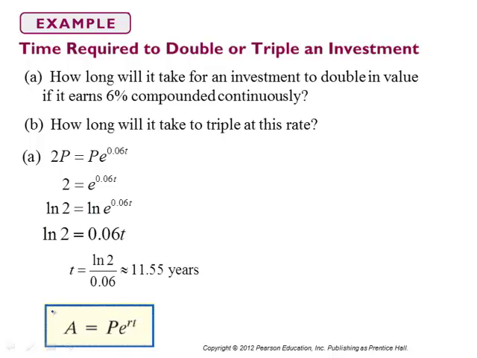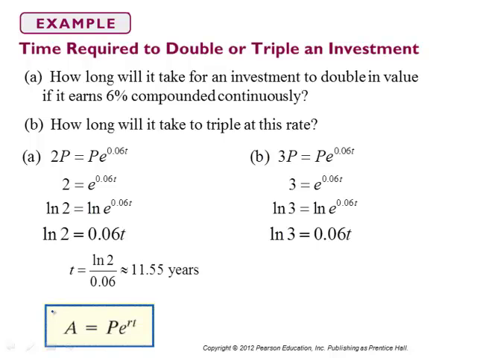And then for the tripling, part B, you replace A by 3P, cancel the P's, take natural log of both sides, like you did for part A, and then you have natural log of 3 over 0.06, about 18.31 years. Now, it took 11.55 years to double, but only 18.31 years to triple.